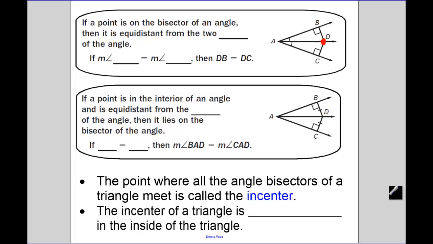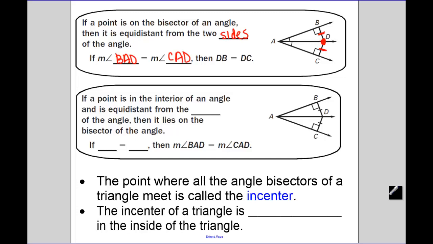The distance from D to B is going to equal the distance from D to C, and I have to have a right angle in there, so that it's equidistant from the two sides of the angle. So if I have angle BAD equal to the measure of CAD, then DB is going to be equal to CD.